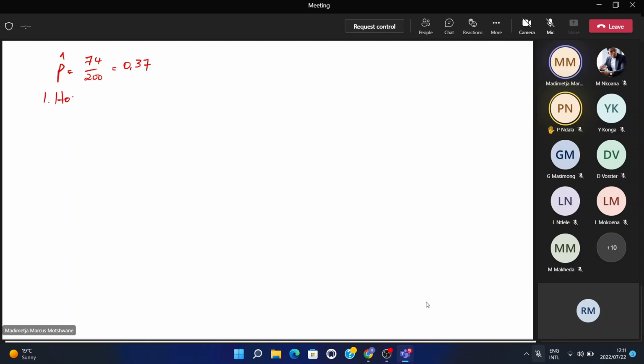Then let's start now with the null hypothesis. Proportion is equal to 40%, which is 0.4. The alternative: proportion is what of 0.4? What do I write in between here? Less than. Perfect.